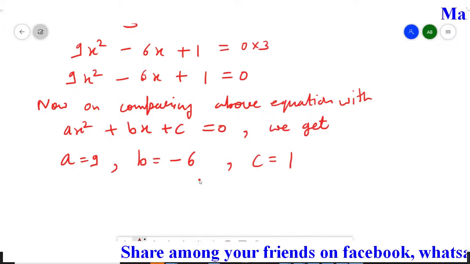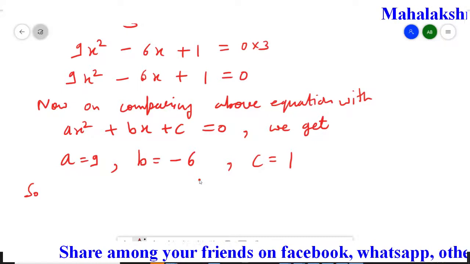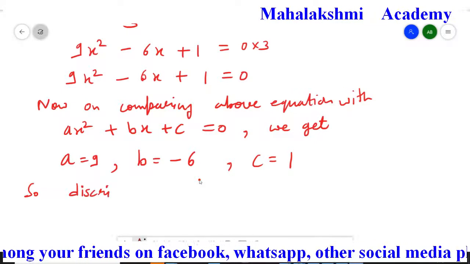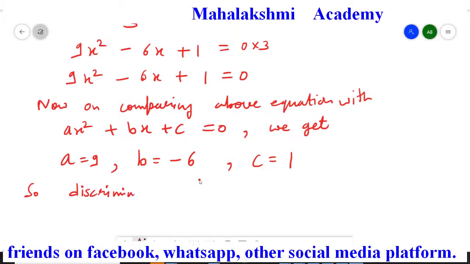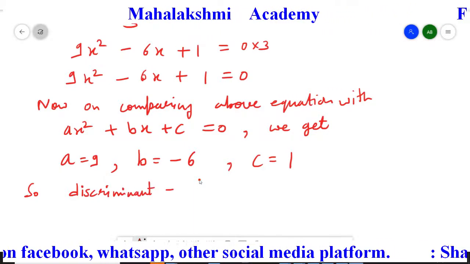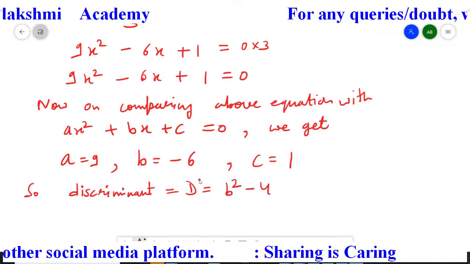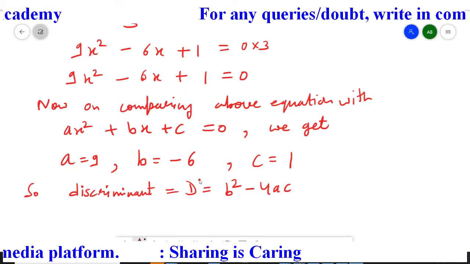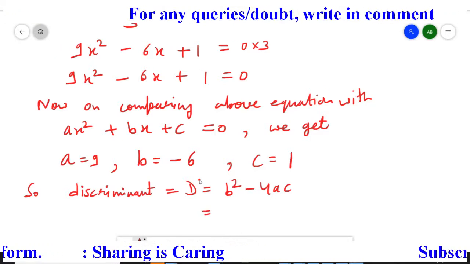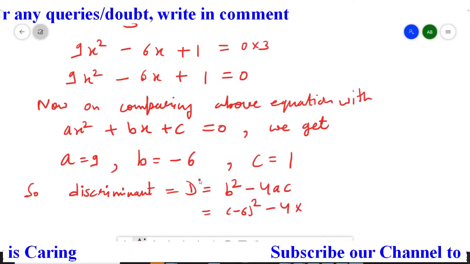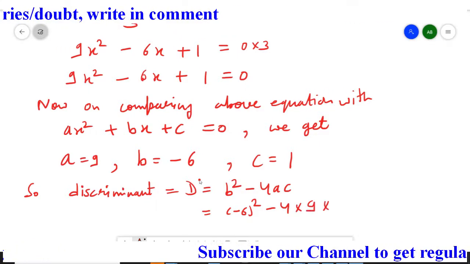Now we will find out the discriminant. Discriminant D is equal to b squared minus 4ac. So b squared means minus 6 squared minus 4 into a into c.